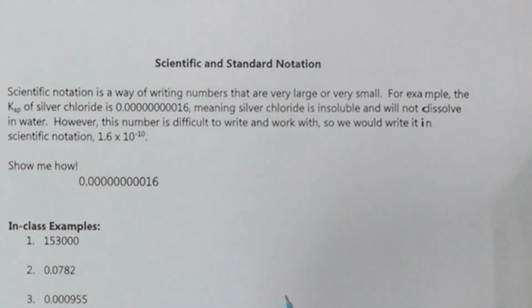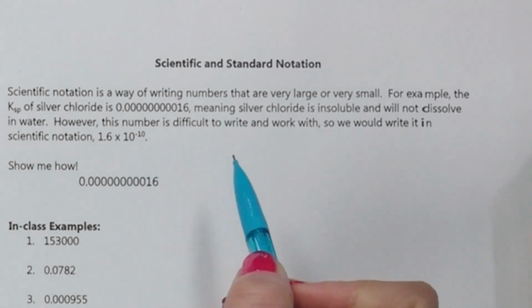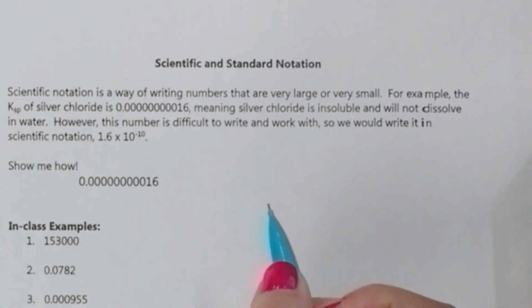Okay, so today's lesson is going to be on scientific and standard notation. Scientific notation is simply a way of writing a value that is really large or really small.